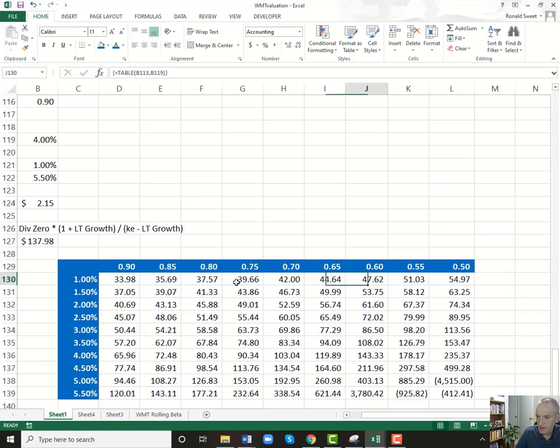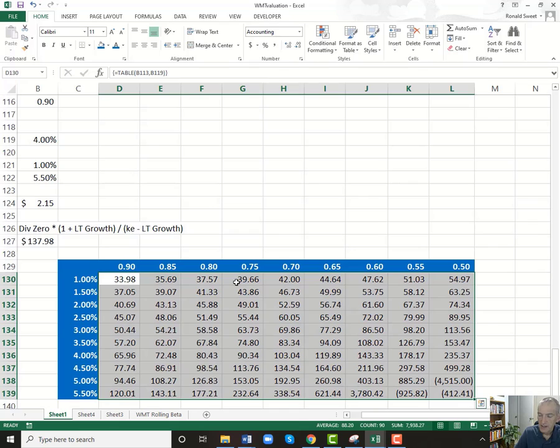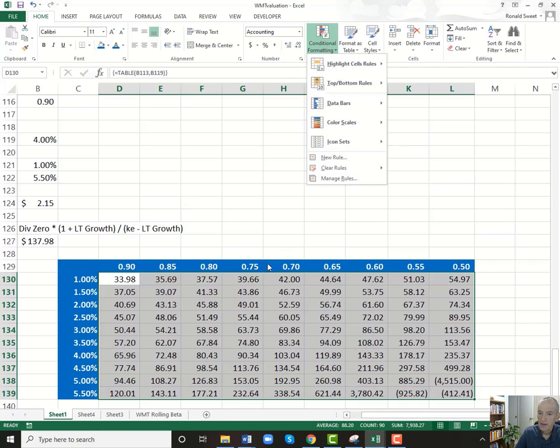First of all, if we have a negative number, that doesn't work. What that means is our discount rate is lower than our growth rate when we get into low betas. And so the first thing we want to do is hide those. So we're going to click on this and go to conditional formatting.